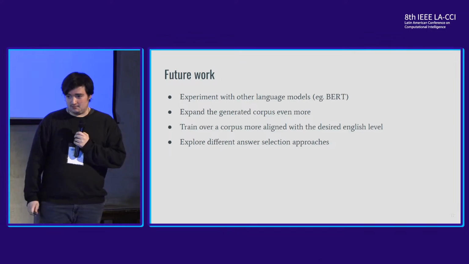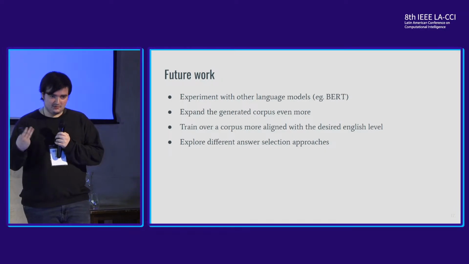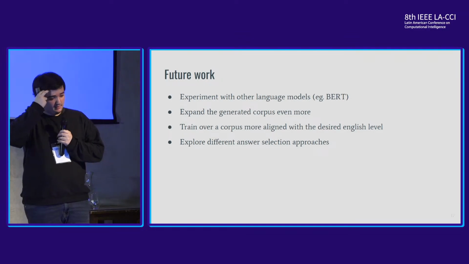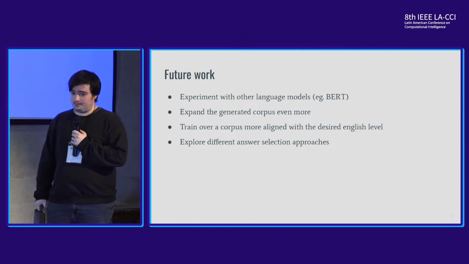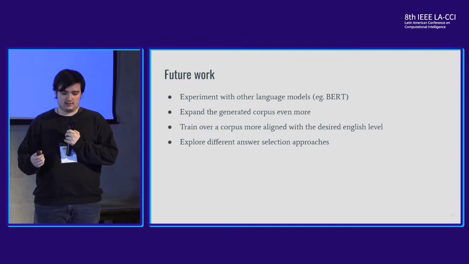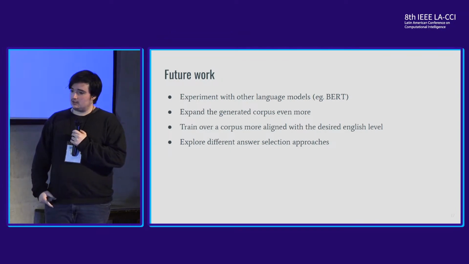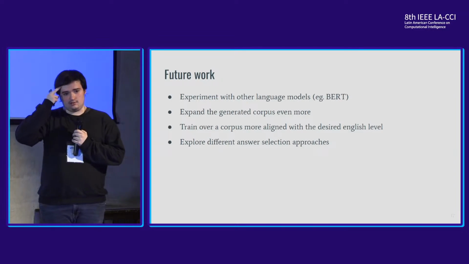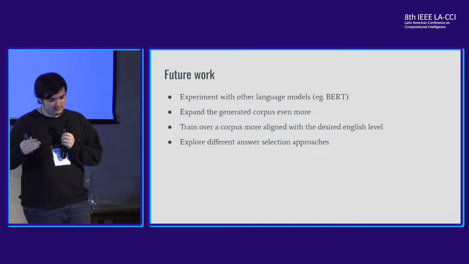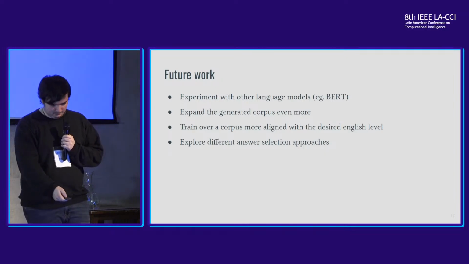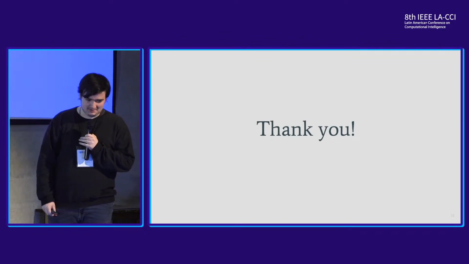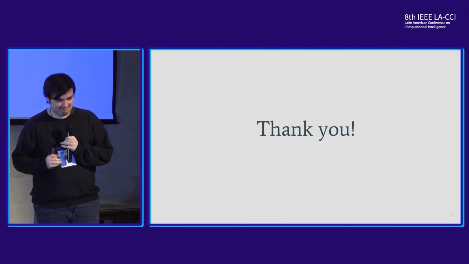And that's the following point: train over a corpus that's more aligned with the level that we want to evaluate, and also explore different answer selection approaches. As I mentioned, we use semantic role labeling, but we could try different combinations with the model and see what works best. And that will be all. Thank you for listening, and I hope it was interesting.